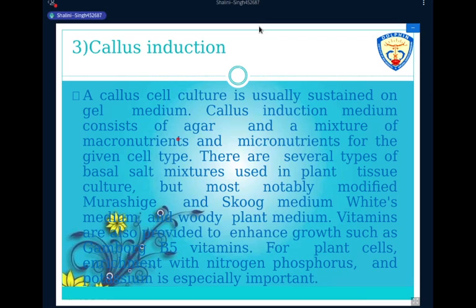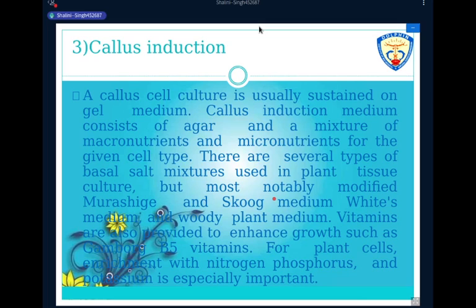Callus induction medium consists of a gelling agent to solidify the medium, and a mixture of macronutrients and micronutrients for the given cell type. There are several types of basal salt mixture used in plant tissue culture, most notably modified Murashige and Skoog medium, which we popularly know as MS medium, White's medium, and woody plant medium, known as WPM.